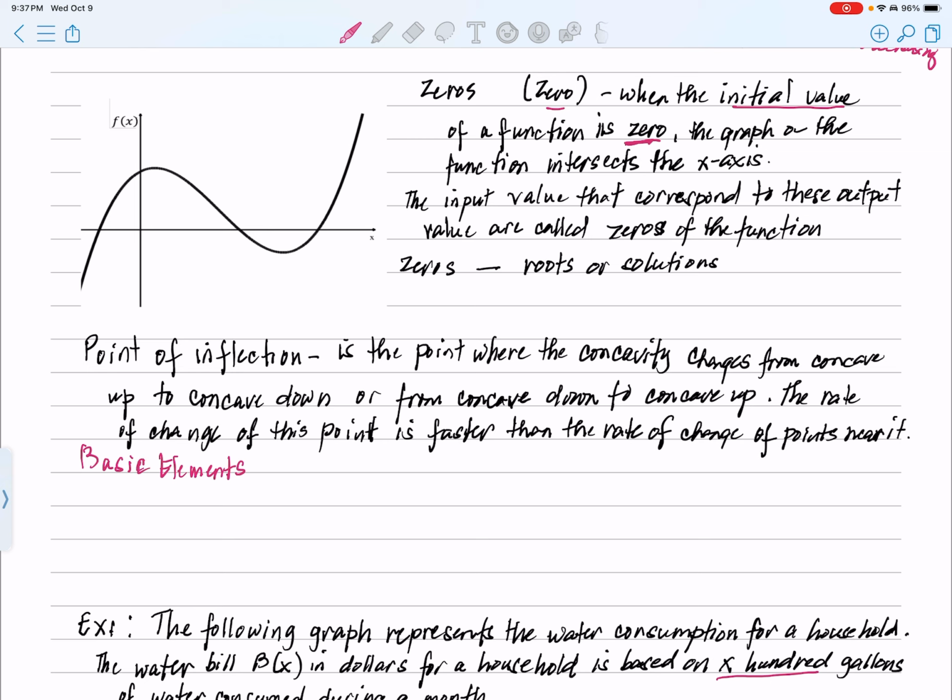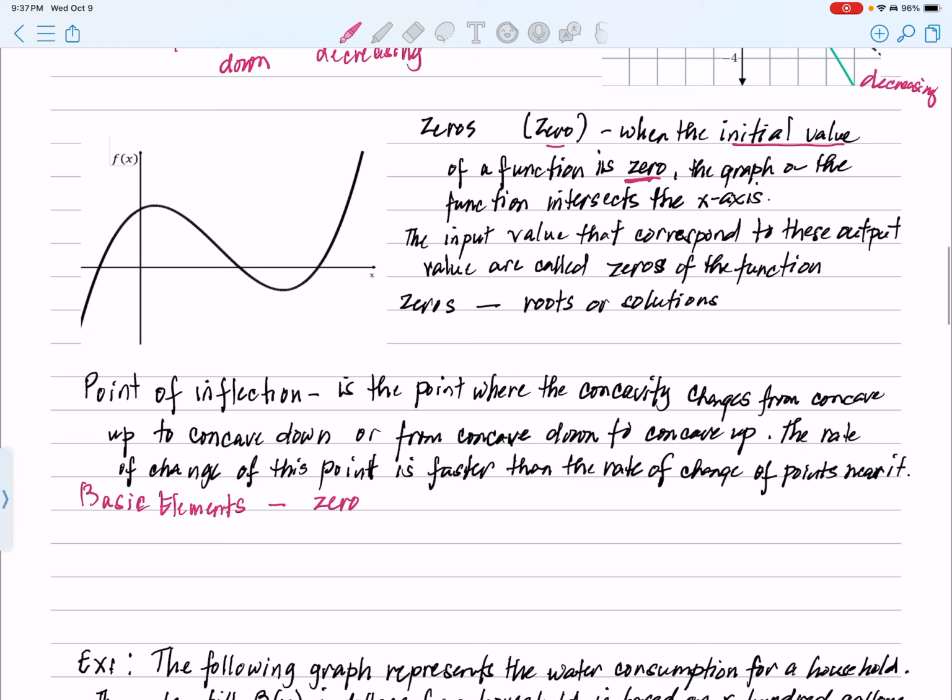When we have zero, that is the graph intersect at the x value, like the zero. When the initial value of a function is zero, the graph intersects the x-axis.